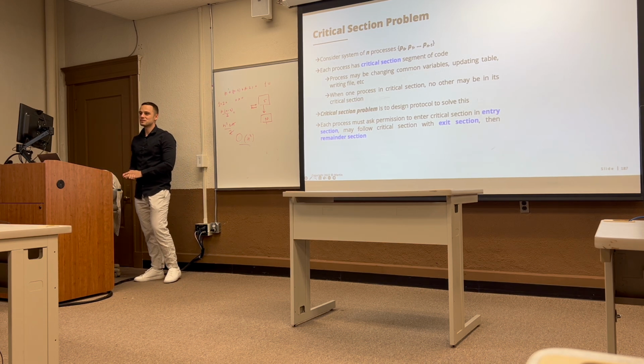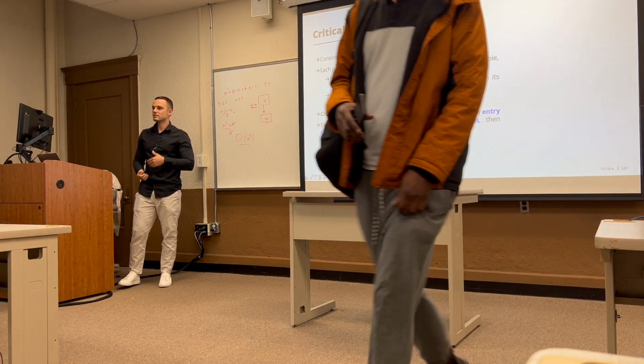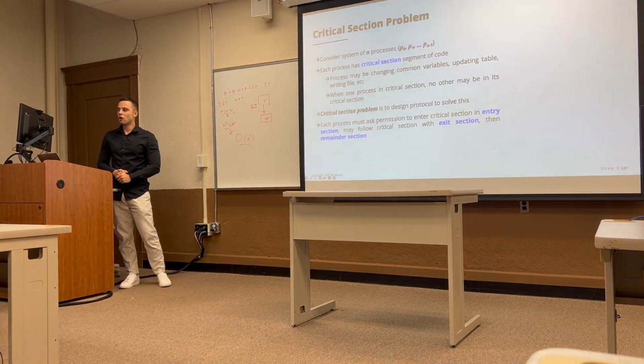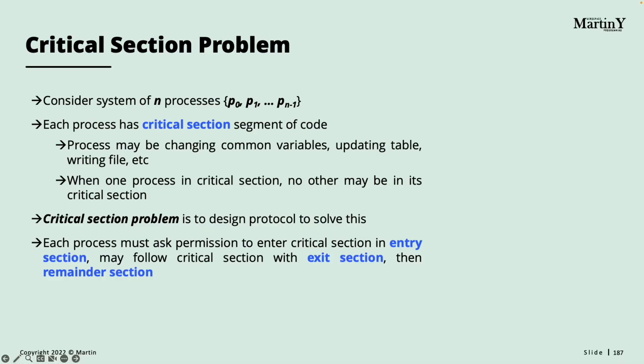So every program at some point might want to read, write into files, or perform other things on a memory that is shared with other processes. Also, at other times, a program can perform tasks that are not related to writing into memory, that the other processes don't care about.